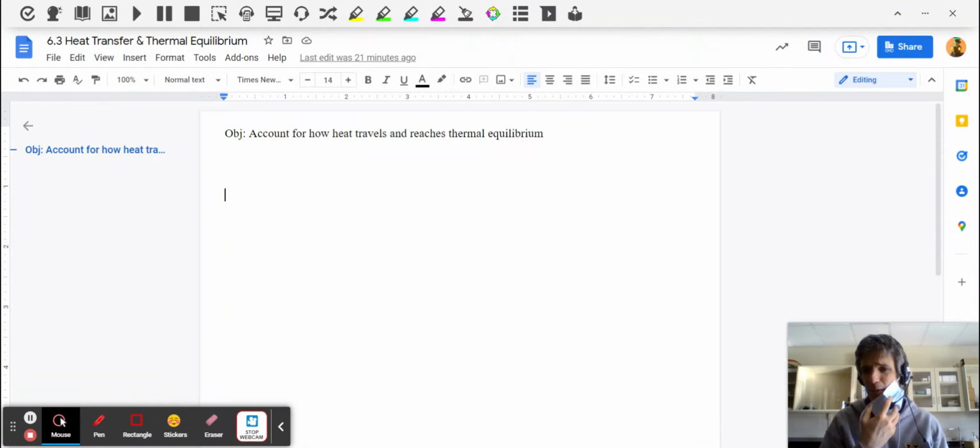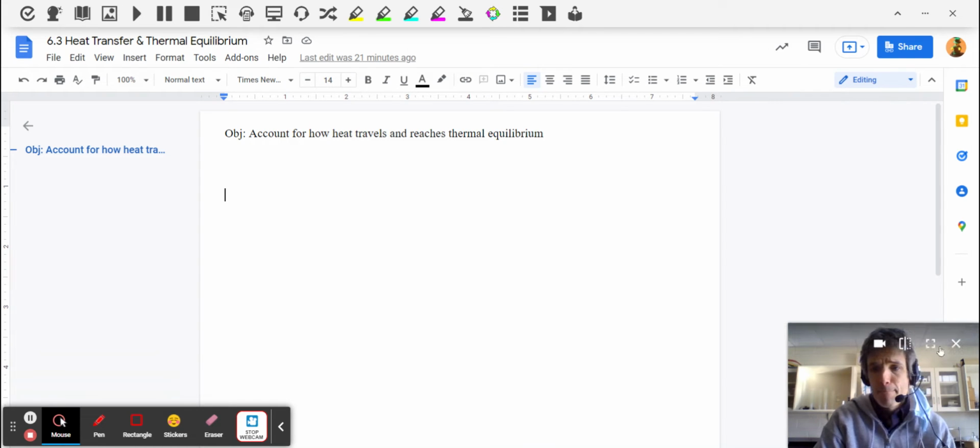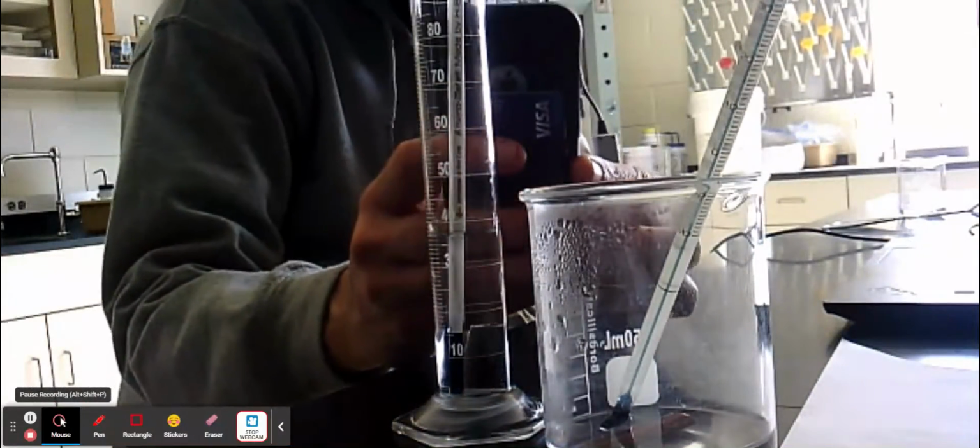Okay, so here our topic is heat transfer and how things reach equilibrium, what that looks like on a macro and micro level. All right. I've got some hot metal and I've got some room temperature water. The water is at 22, and the metal is about 90, 100 something.